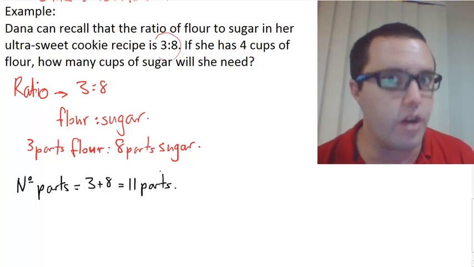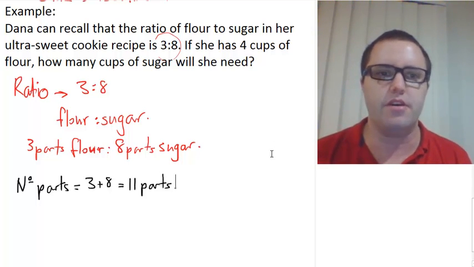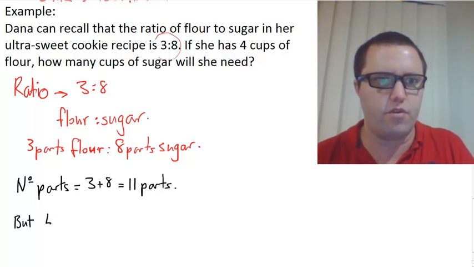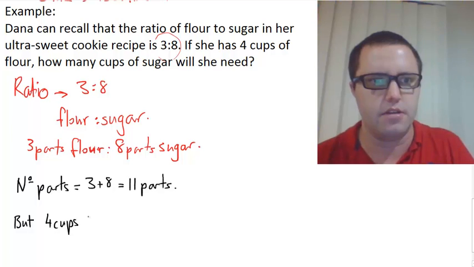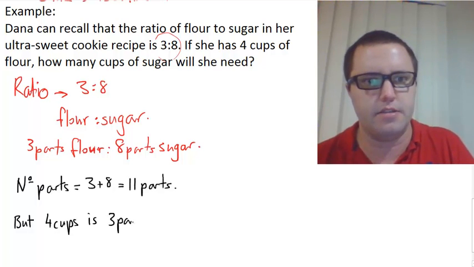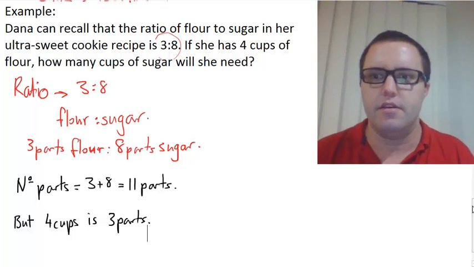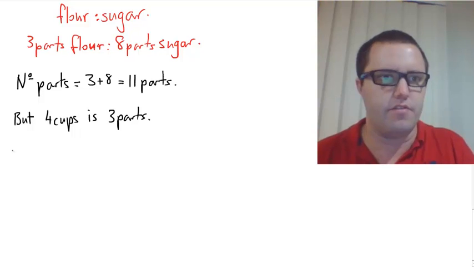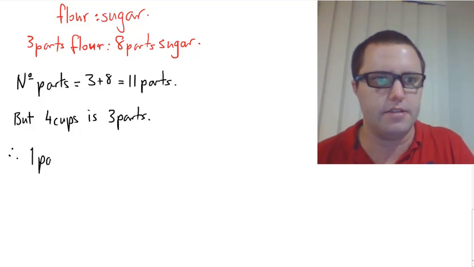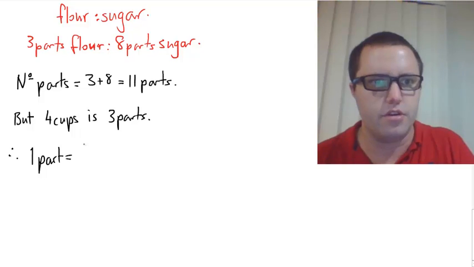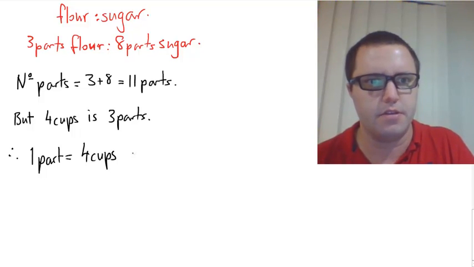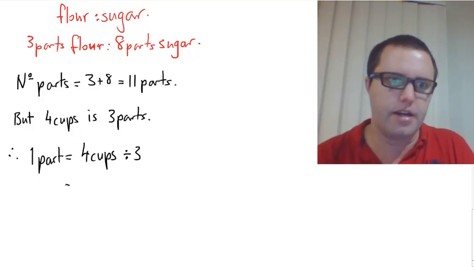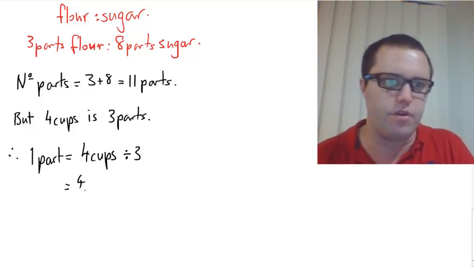Turns out in this one we don't actually need it, because we've been told 4 cups is 3 parts. Therefore 1 part equals 4 cups divided by 3. So 1 part is equal to 4 over 3.